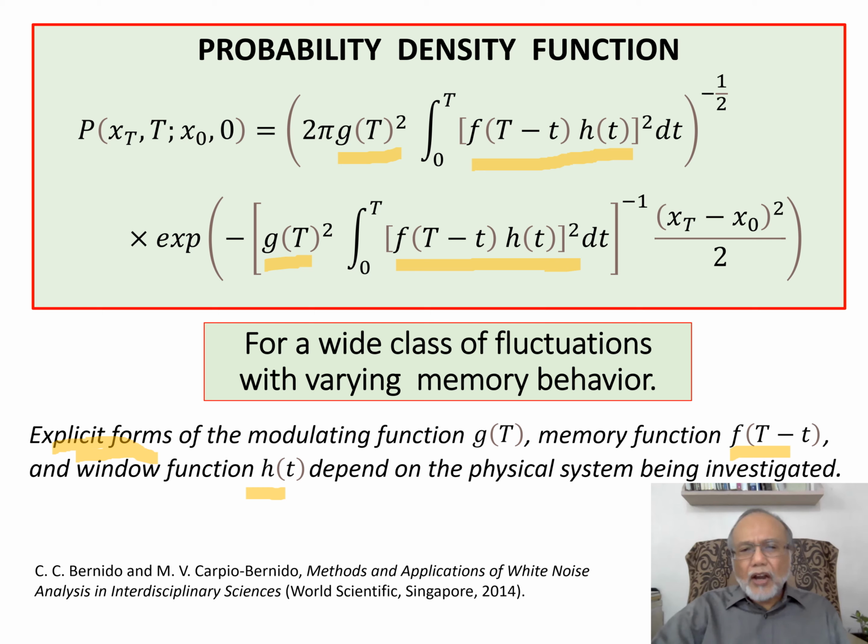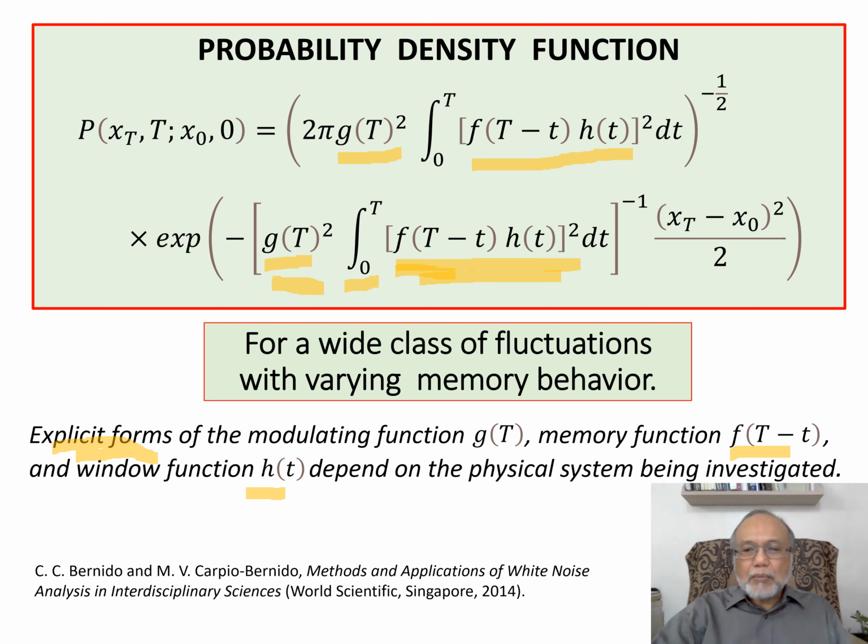Now, are there quite a number of this type of stochastic process? The question boils down to how many choices of function f and h are there that you can actually integrate. You have no problem with the function g because it's outside of the integral.